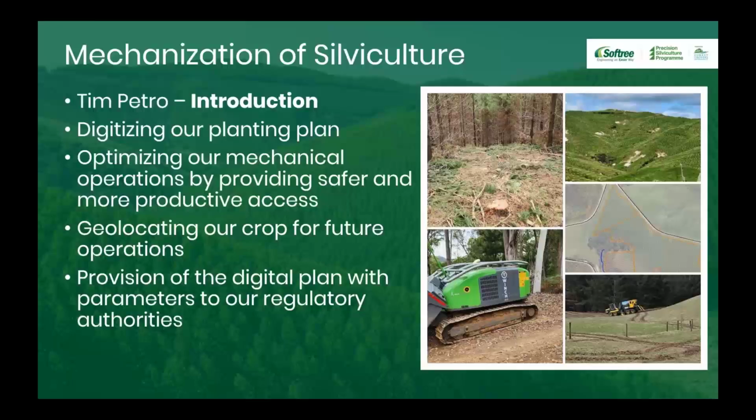On return to NZ, I felt we needed to go back to the desktop and just do some actual pre-plant planning if we're trying to optimize these later operations. And it may not just be thinning, this could also carry through to harvesting, but we needed this to be digital.